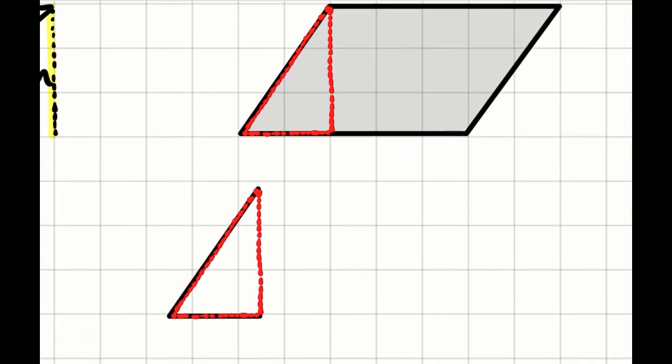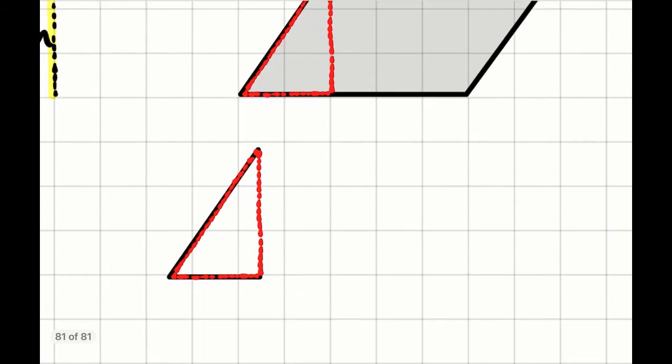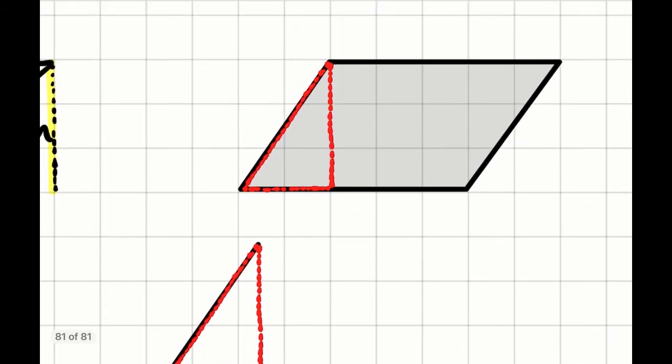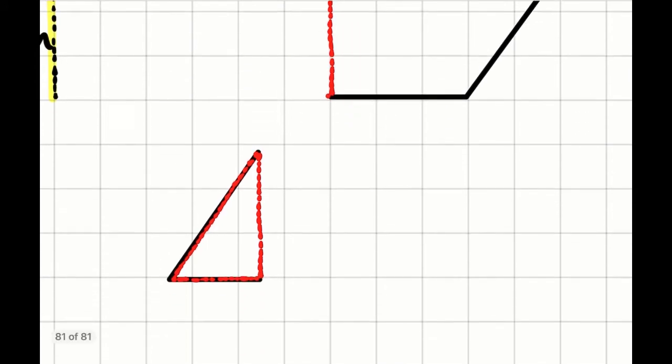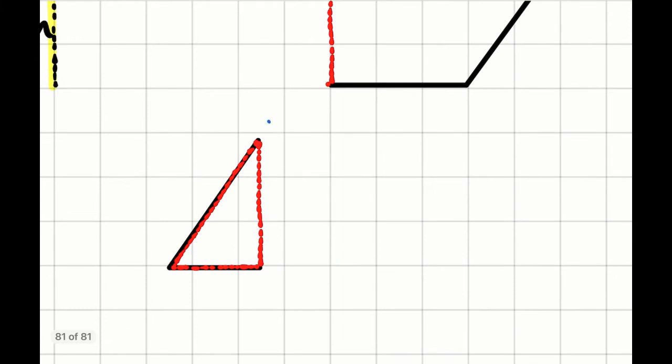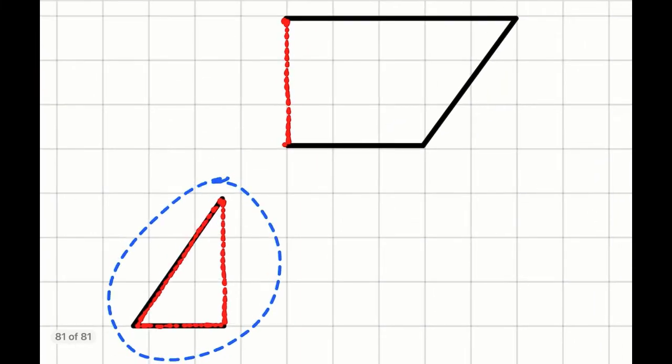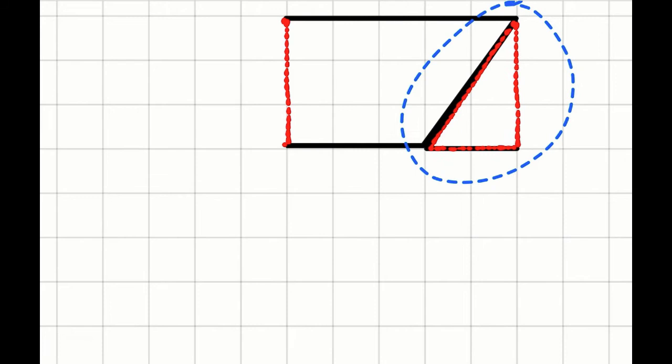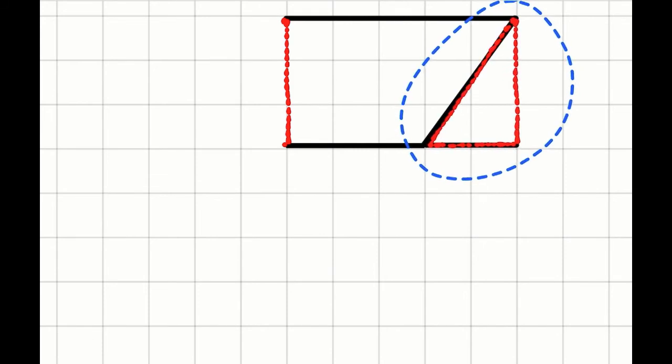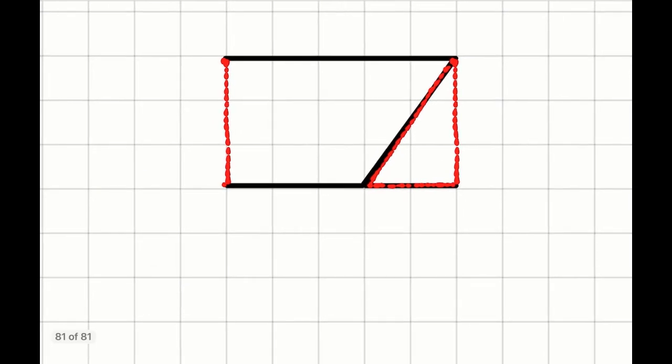Now, if you were to take that piece that was cut off, so let me just go ahead and erase it off the end of this here. If I were to take that piece that I cut off and move it over here, you would see that it fits like a puzzle. And that I now have a rectangle, like so.